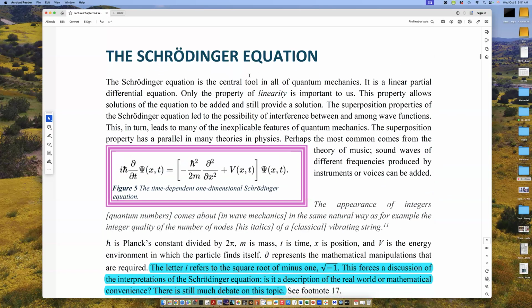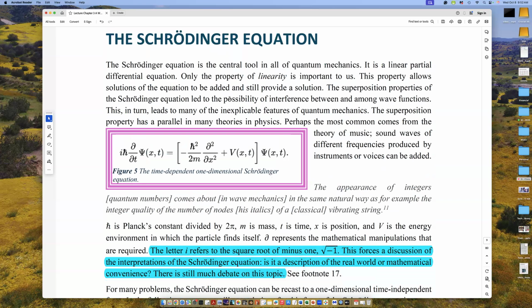Now, I've mentioned the Schrodinger equation many times this morning. We don't do math in this class, but we can certainly look at an equation. And this is the Schrodinger equation for a system. This V here describes the energetic environment of the quantum system, whether it's an experiment or something going on in nature.